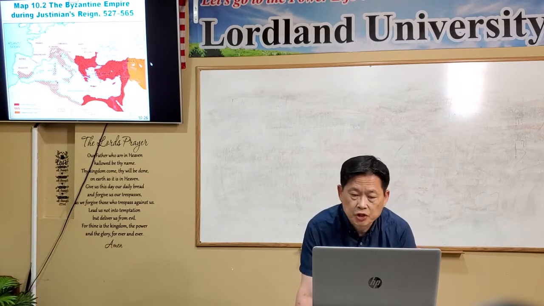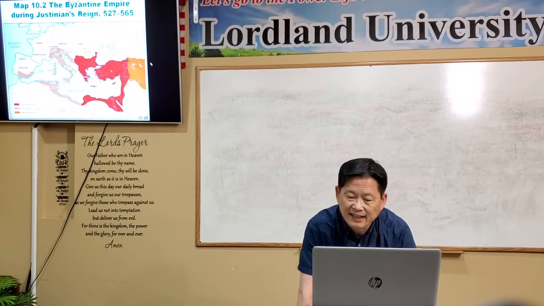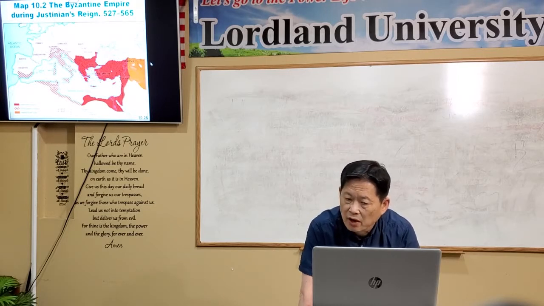This map, 10-2, shows the Byzantine Empire during Justinian's reign, from 527 to 565.